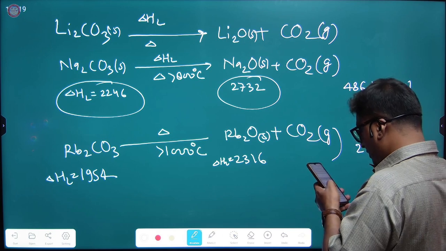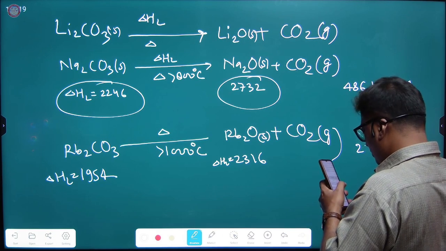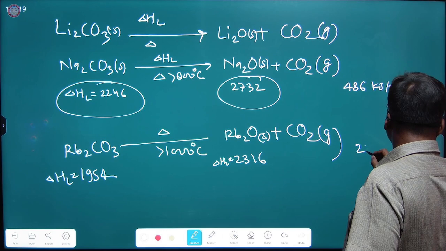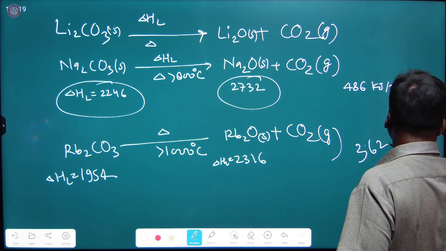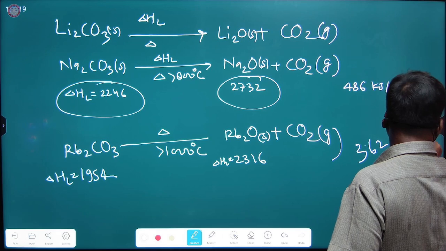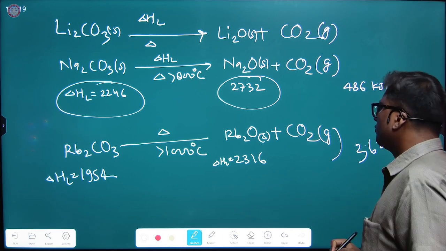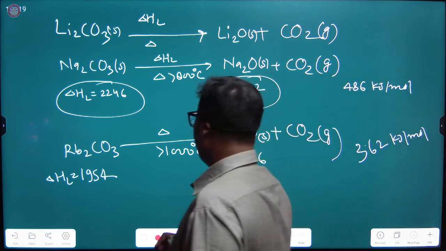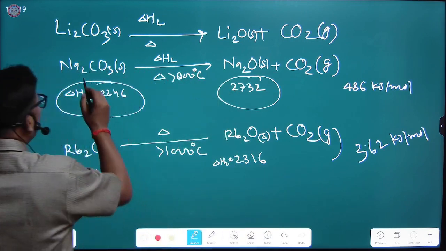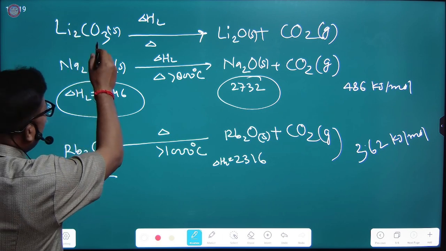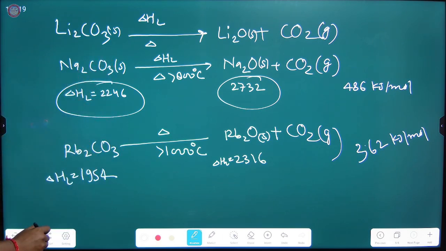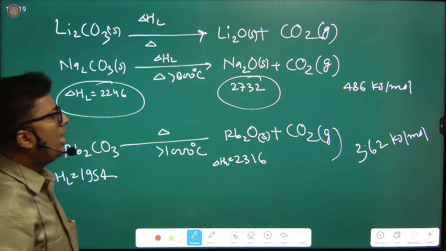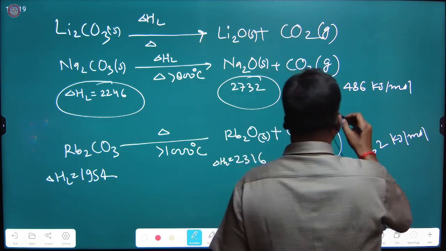Actually it is 362 kilojoule per mole. So what you are observing here is that from moving top to bottom, the differences of lattice enthalpy always decreases.